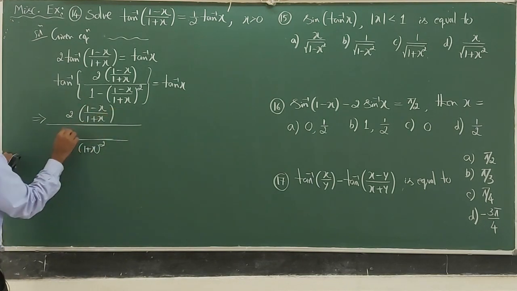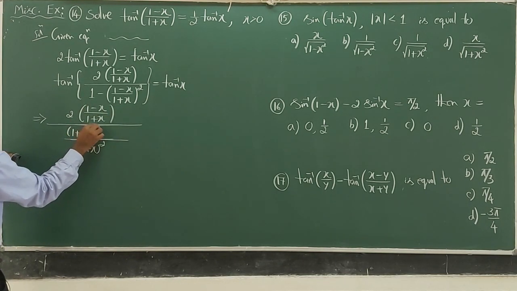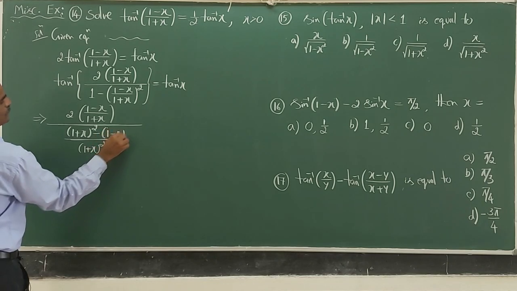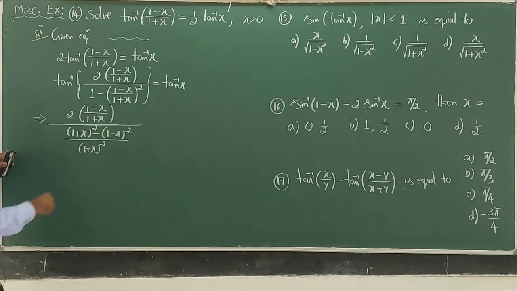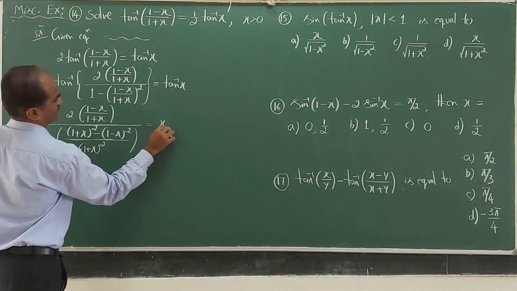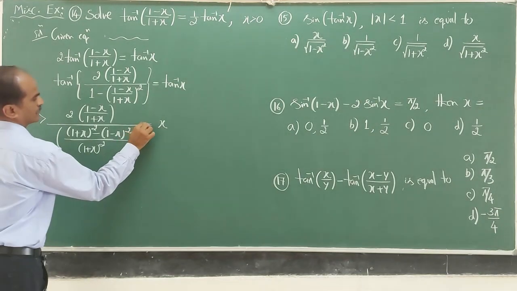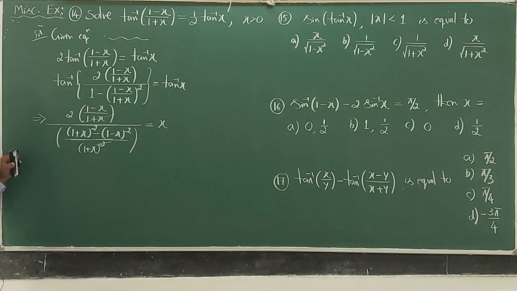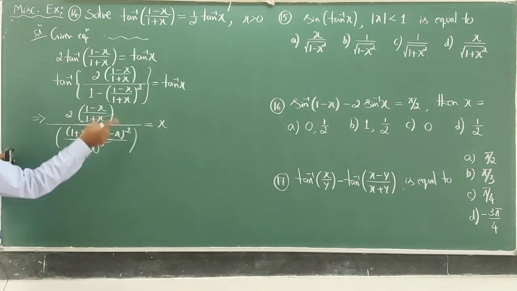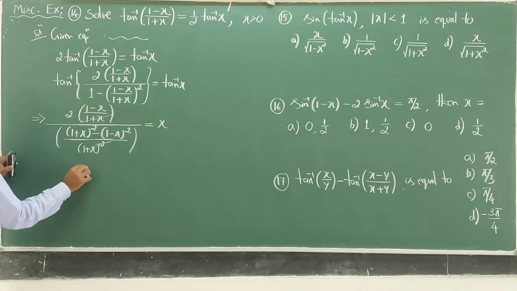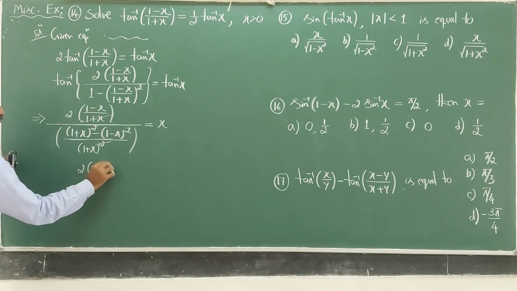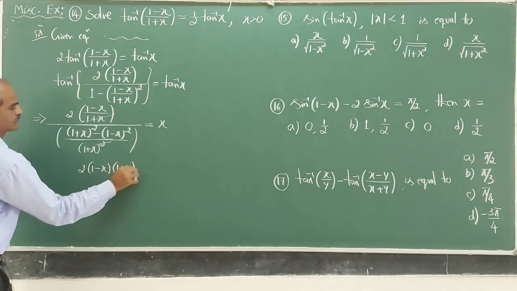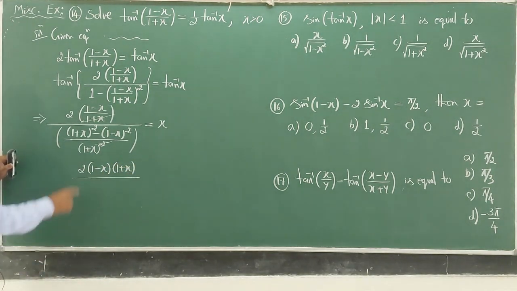So 1 into (1 plus x) whole square minus (1 minus x) whole square is equal to x. Further, let me simplify. One of the factors 1 plus x gets cancelled. This 1 plus x is shifted to the numerator.